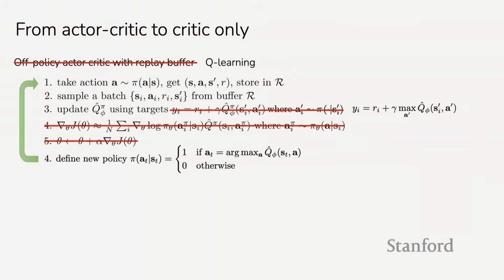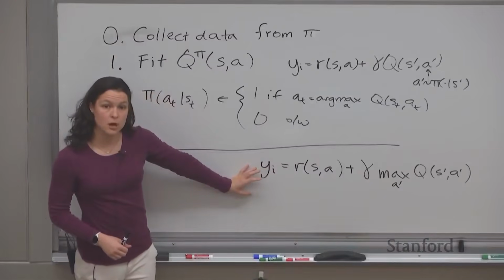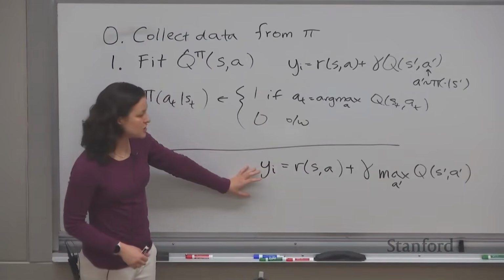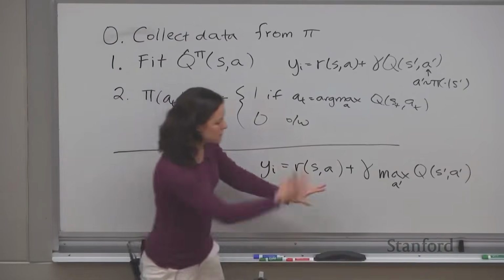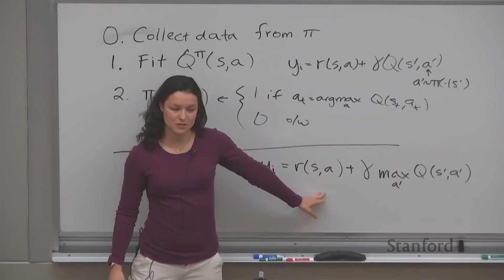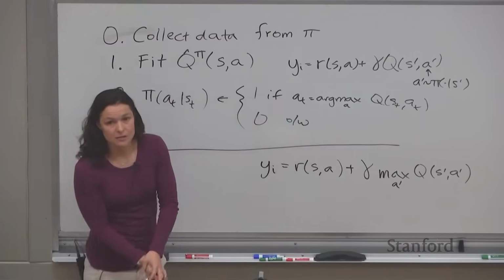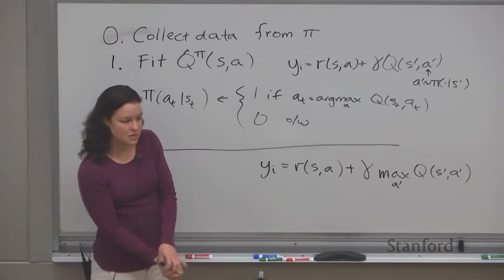And this actually is what gets us here. A couple ways to think about this. The first is that these targets are actually your Q values for your new policy. So you're already putting the improvement step in your Q function update, and you're learning the Q values associated with the new policy that you're going to be defining.